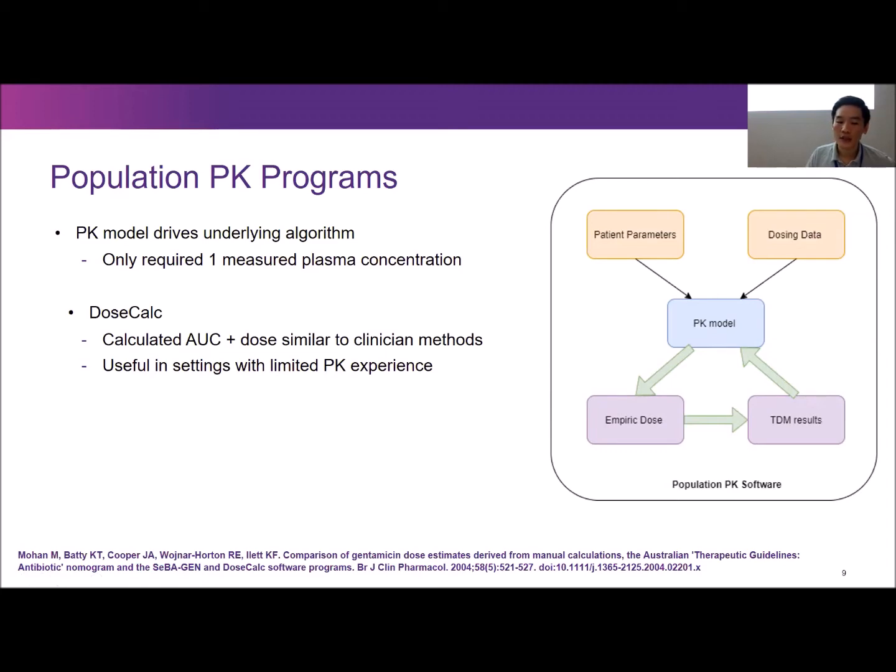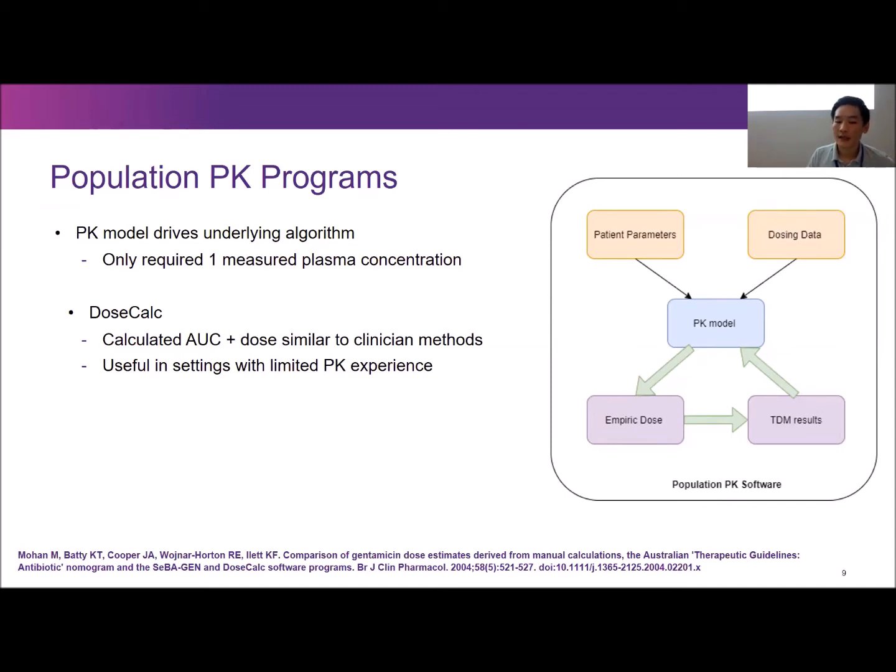What we do know is that in this study by Mohan, they essentially compared two different methods for assessing AUC. The first one was utilizing DoseCalc to actually calculate the AUC based on one trough concentration. And the second group was done by clinicians who did it using two different concentrations, and they calculated it manually.